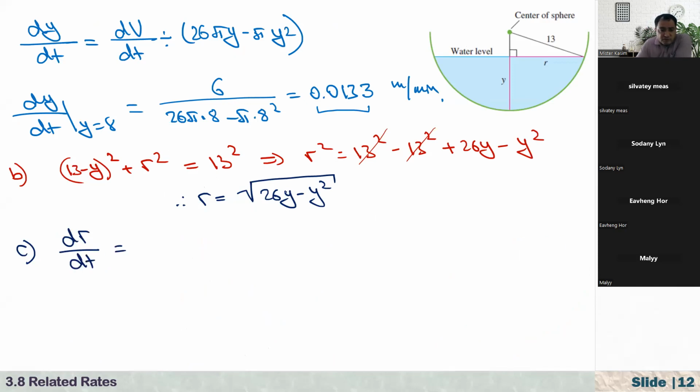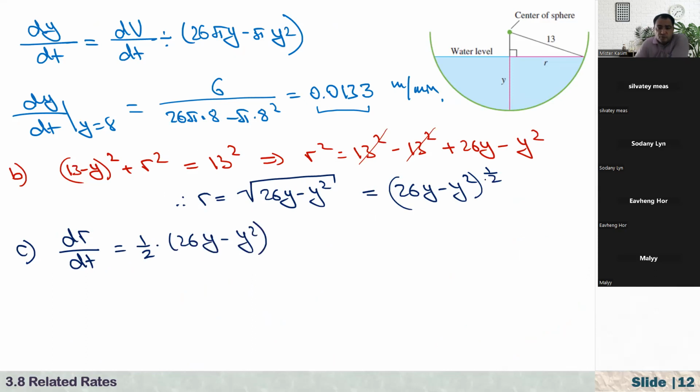It is a composite function, because here we have 26y minus y squared to the power of 1/2. So differentiating, we have 1/2 times (26y minus y squared) to the power of 1/2 minus 1, that is minus 1/2, times the derivative inside the parentheses, 26 minus 2y, times dy/dt.